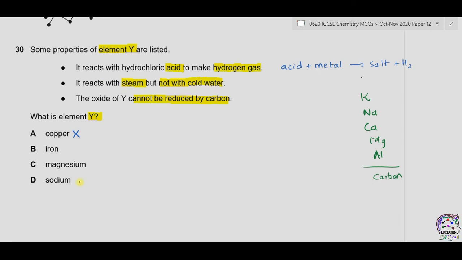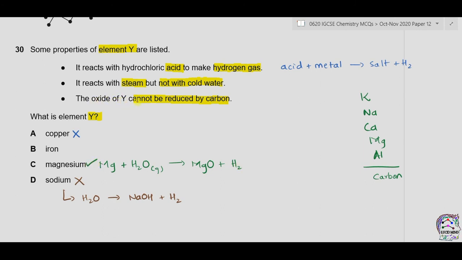From second statement we can eliminate sodium because sodium does react with cold water to form sodium hydroxide and release hydrogen gas. Magnesium does not react with cold water, it only reacts with steam to form oxide. So it could be C.